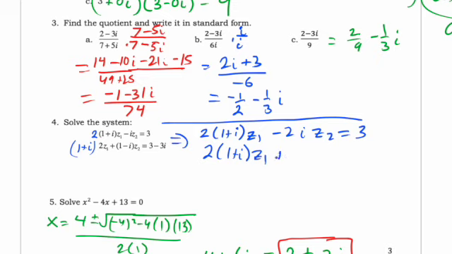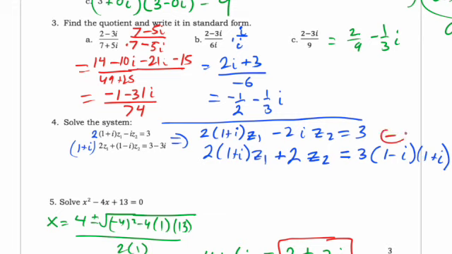So that's going to be a plus 2 z2 equals, and on this side, if you look closely, that's going to be 3 times 1 minus i, 1 plus i, so we actually do have a conjugate here as well. So that is just going to be 2 right there, this whole thing.